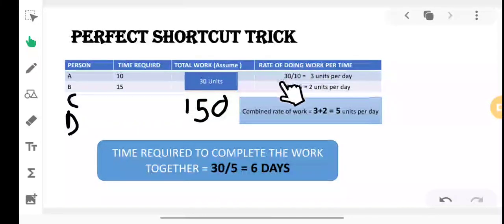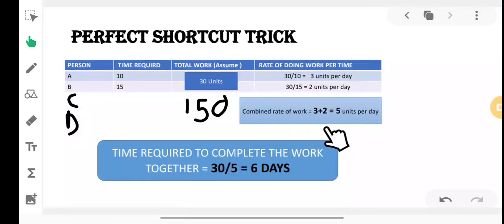In the fourth column, the rate of doing work is calculated as per our formula, that is total work upon time. That is 30 by 10, which is 3 units per day, the rate of doing work of person A, and 30 by 15 equals 2 units per day, the rate of doing work of person B. So what is the combined rate of doing work of persons A and B? 3 units per day plus 2 units per day equals 5 units per day.